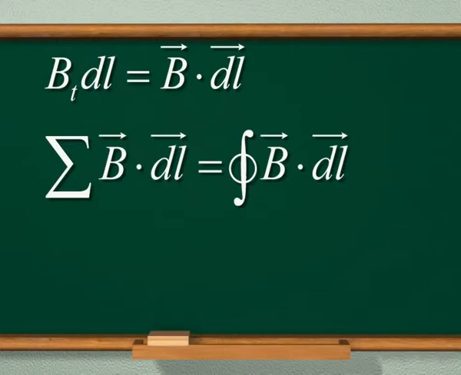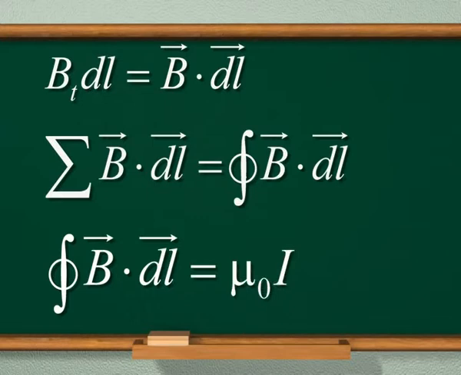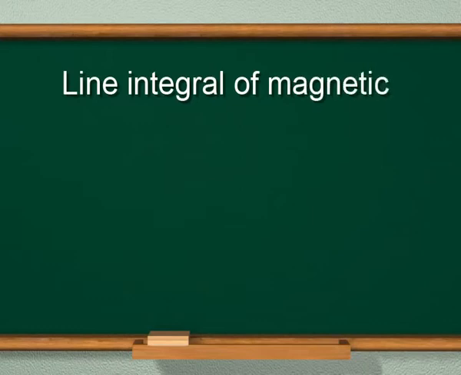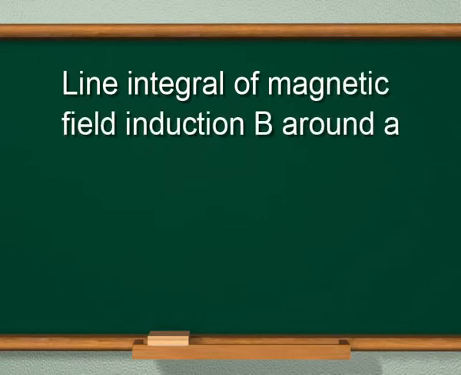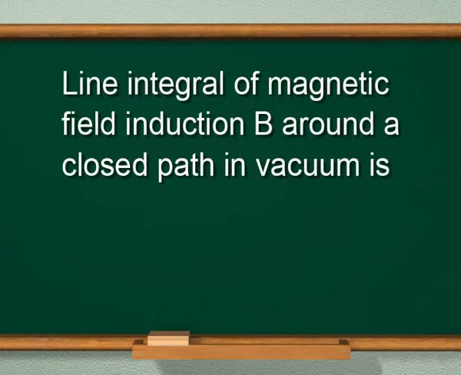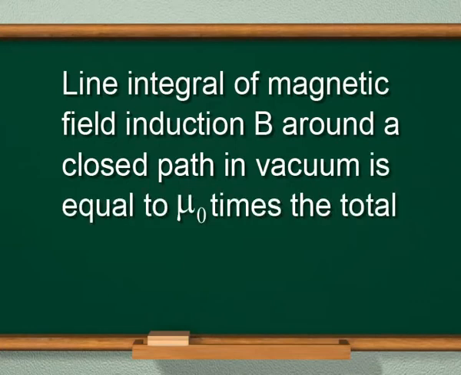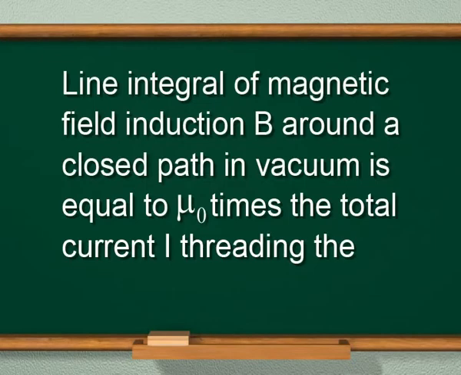According to Ampere's circuital law, the line integration of B dot dl over a closed path is equal to mu naught times the total current I threading the closed path or loop. Here, mu naught is the absolute permeability of the space. According to Ampere's circuital law, the line integral of magnetic field induction B around a closed path in vacuum is equal to mu naught times the total current I threading the closed path.